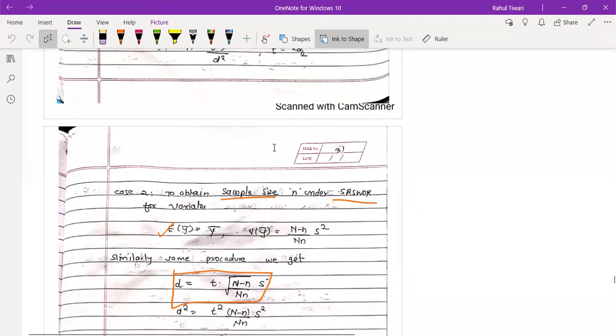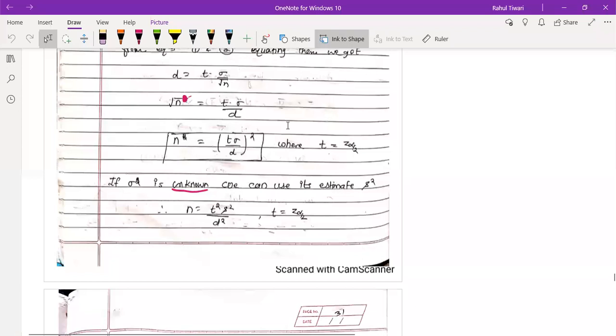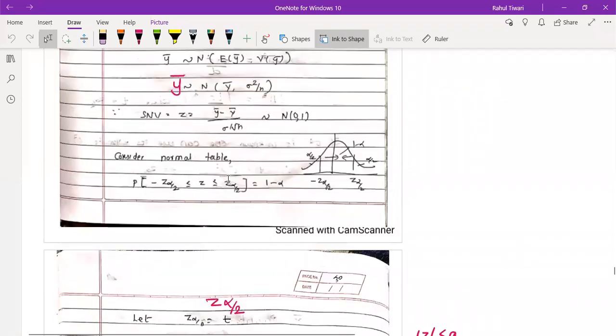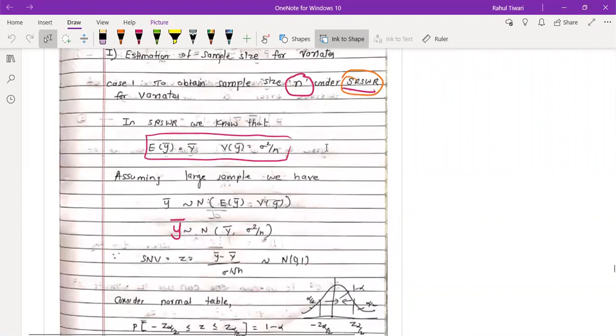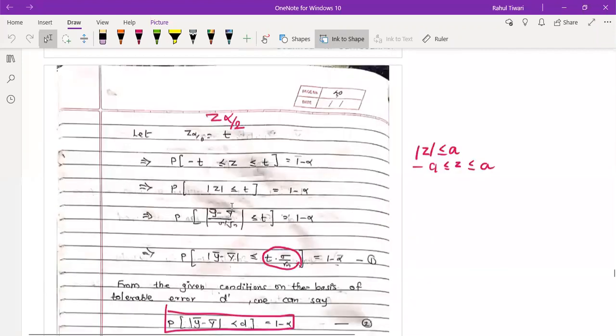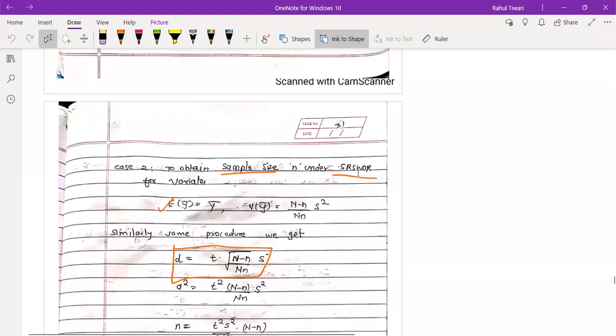So if you know this derivation properly, because here only I have written everything properly. In the case of WR only I have written all the steps one by one, because in all the other derivations, like in WOR, I have written directly. So for understanding this we have to understand this thoroughly.